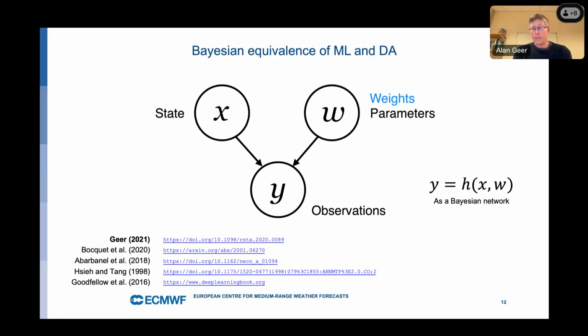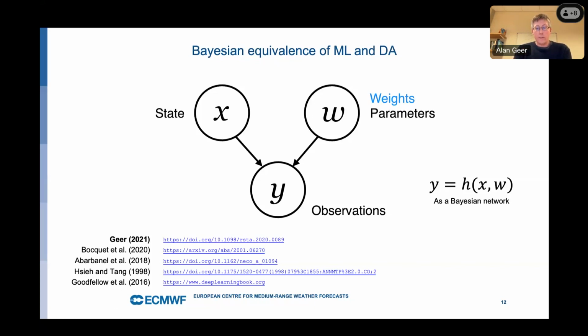And the Bayesian side of this is really just a useful visual language to represent the complicated equations of machine learning and data assimilation, and the ways they're put together and solved in a good, physically based way.